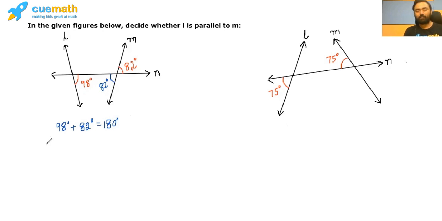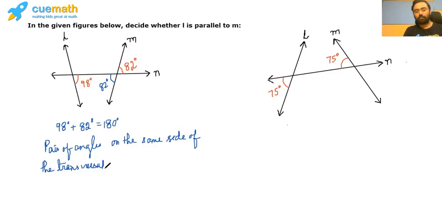So we know that a pair of angles on the same side of the transversal between two parallel lines adds up to 180 degrees.